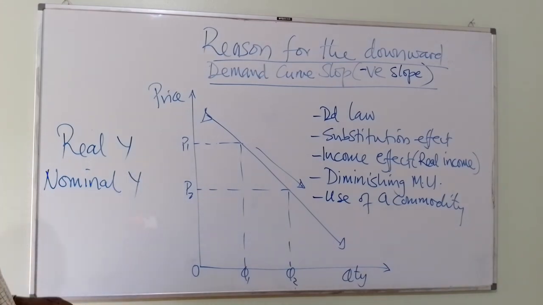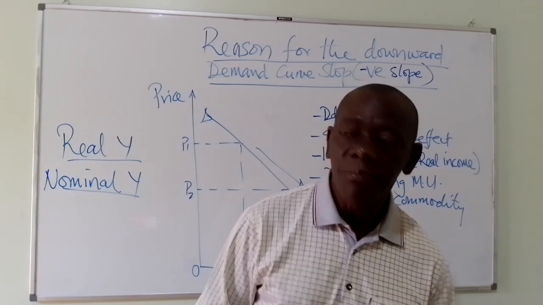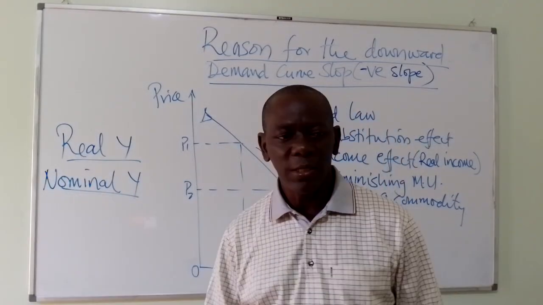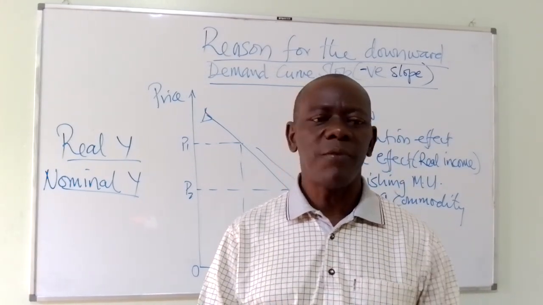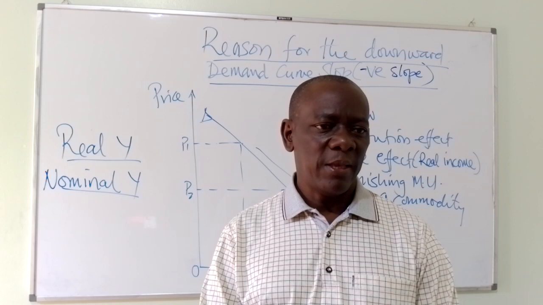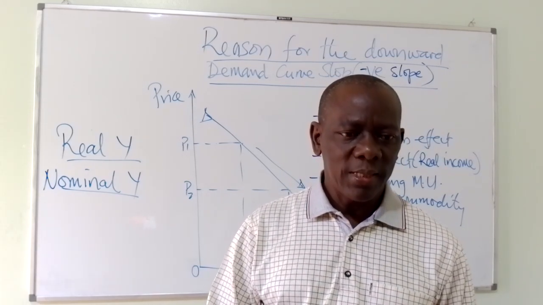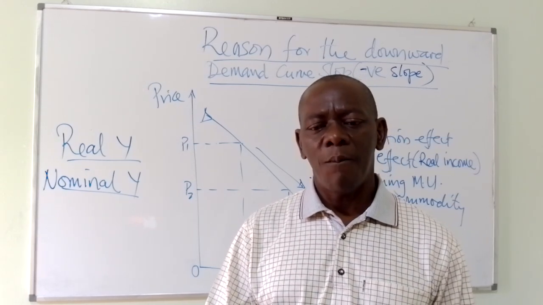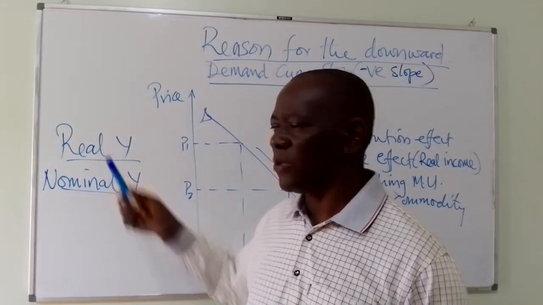Real income, you can make a definition briefly here before we elaborate. Real income is income measured in terms of goods and services. If you get your income, the question is, what do you buy with that income? How much do you get in terms of goods and services? That is the real income.